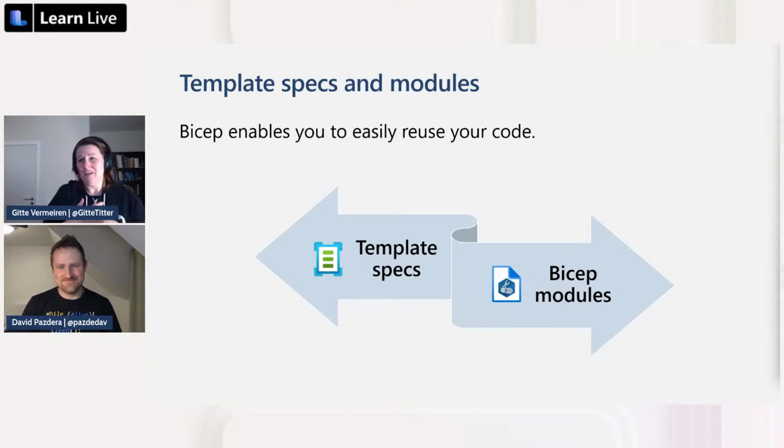One use case is, for instance, that I recently created templates for deploying a big solution as well. But the big solution, I split up into different modules. I had a module for the virtual network, a module for the database setup, a module for how I wanted the application gateway to be set up, and a module for the key vault. Each of these different pieces was a module.